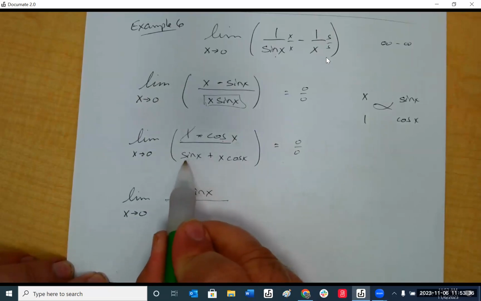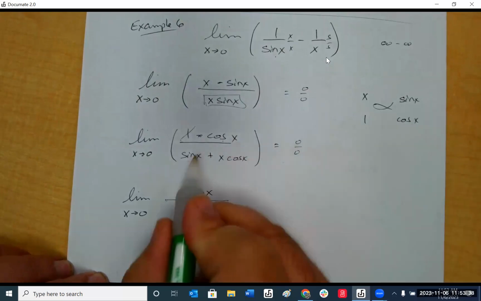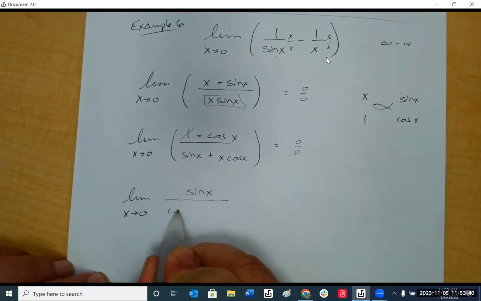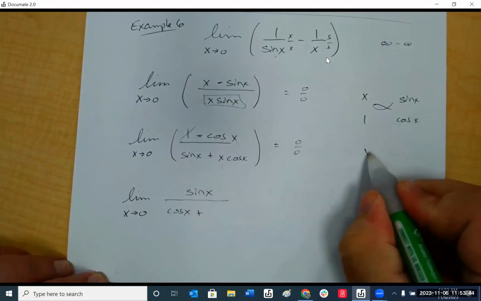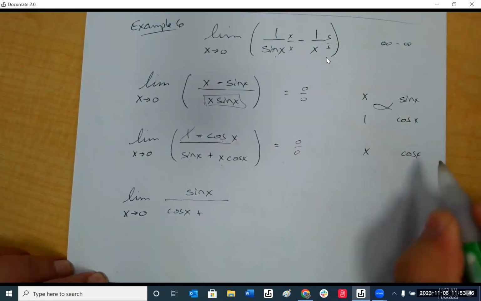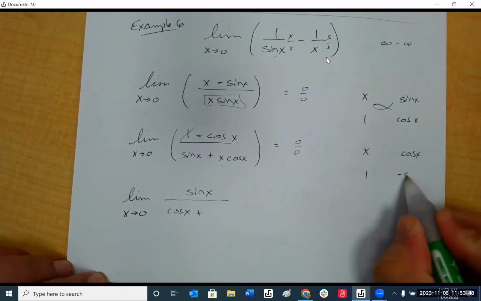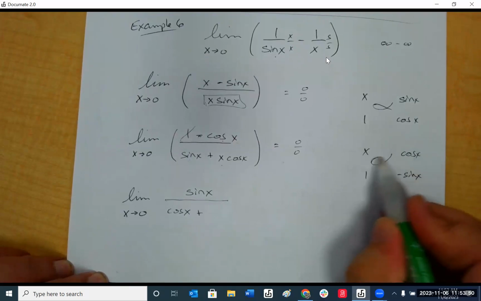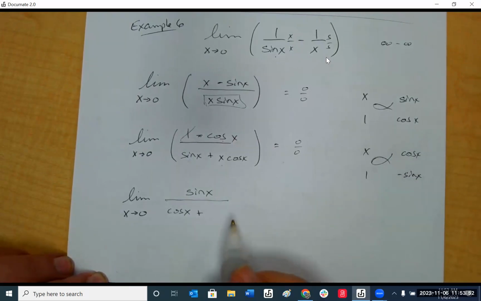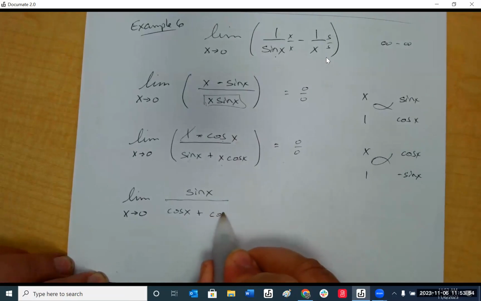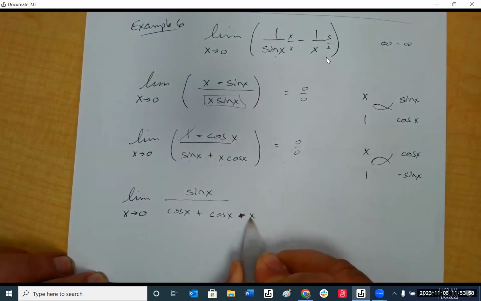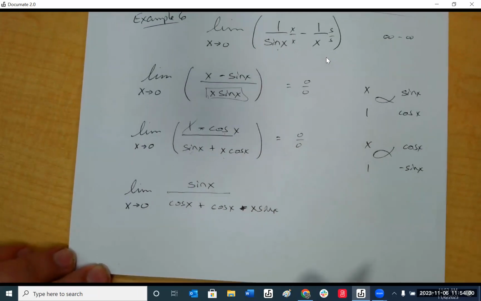So let's see, now we have on the bottom, the derivative of sine is cosine plus x cosine. So x cosine becomes cosine x minus x sine x.